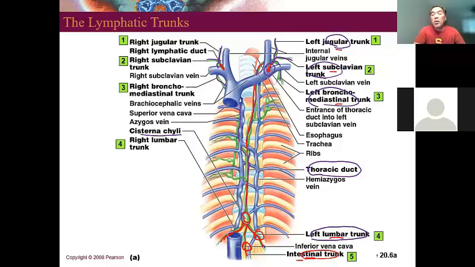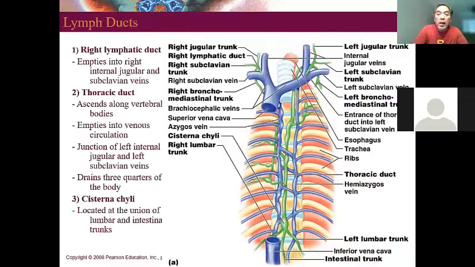So after the trunk drains all the fluid from the nodes, it will then go into the ducts. The duct is the terminal portion of these lymphatic structures. So there are 2 of them, one from the right.